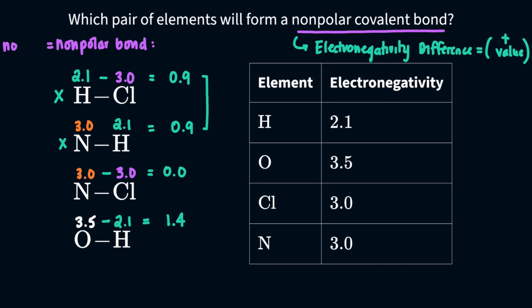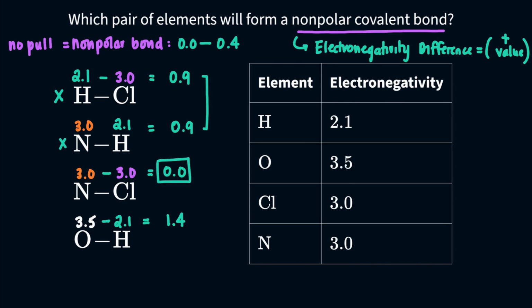So that means the electronegativity difference should be really, really low. The lowest number you could possibly get is a big fat 0. For your nonpolar bonds, your electronegativity difference should be from 0 up to 0.4, right? So, in this case, I have a 0 and I have a 1.4.